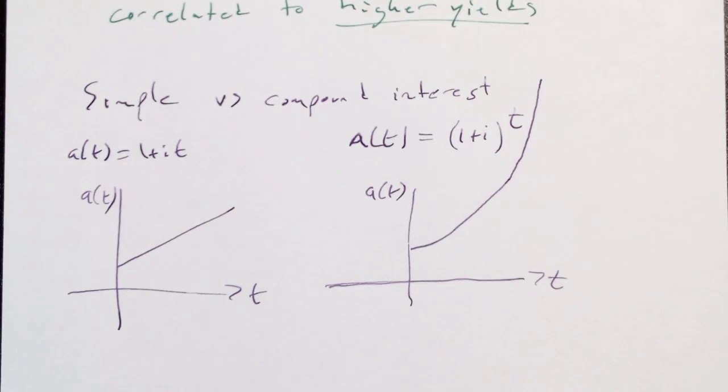Some lending institutions combine the two and offer compound interest for years, and then for any fraction of a year, they convert to simple interest. So if you're going to do something for 7.5 years, you get 7 years at compound and then a half at simple.